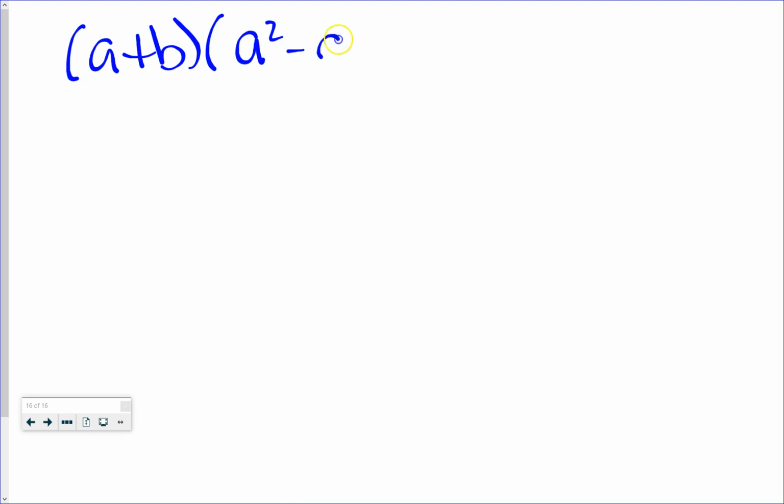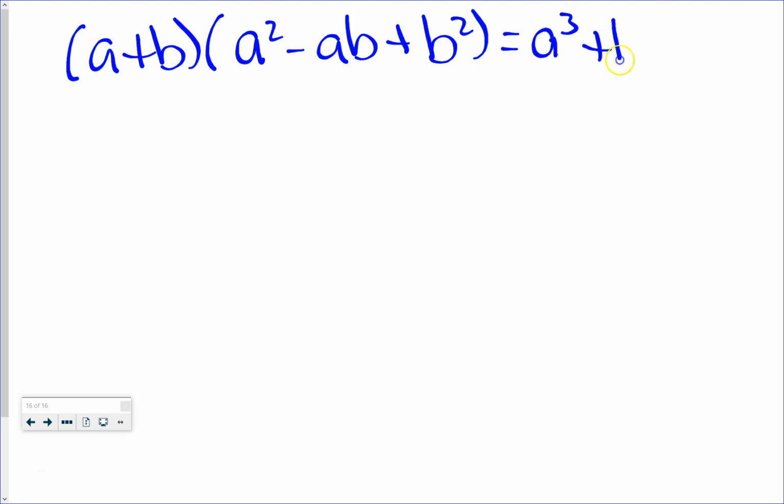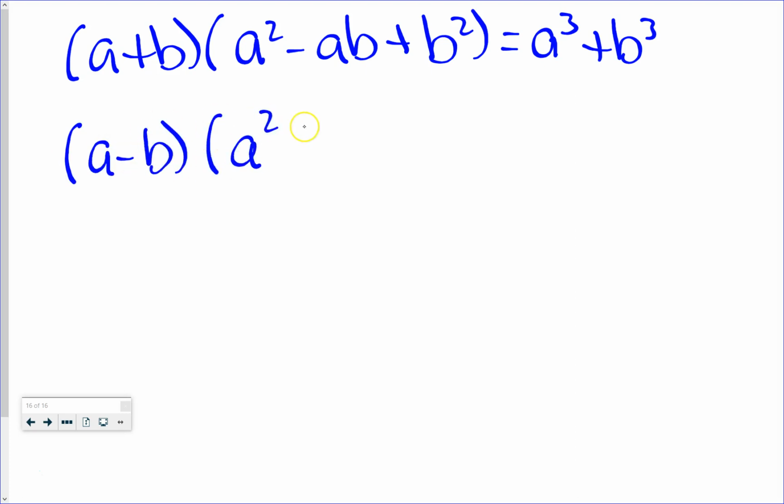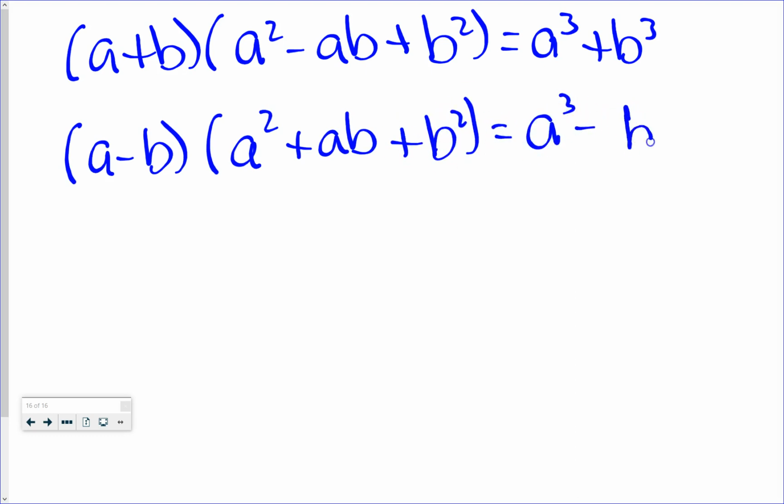I would have this at the top of my paper. And I would have this at the top of my paper, plus AB plus B squared. That's when I have the difference of cubes.